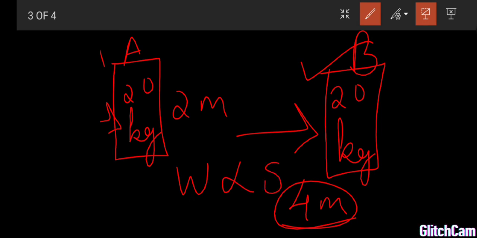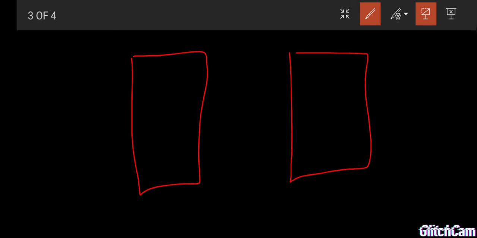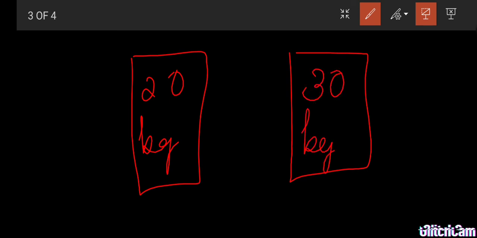Next, the same experiment in a different way. We are taking two cupboards, one of 20 kg and the other of 30 kg. Here A is applying a force on this one, and here B is applying a force on this one. With the force, the first cupboard moves through 2 meters, and with the force of B, the second cupboard is moved through the same 2 meters.